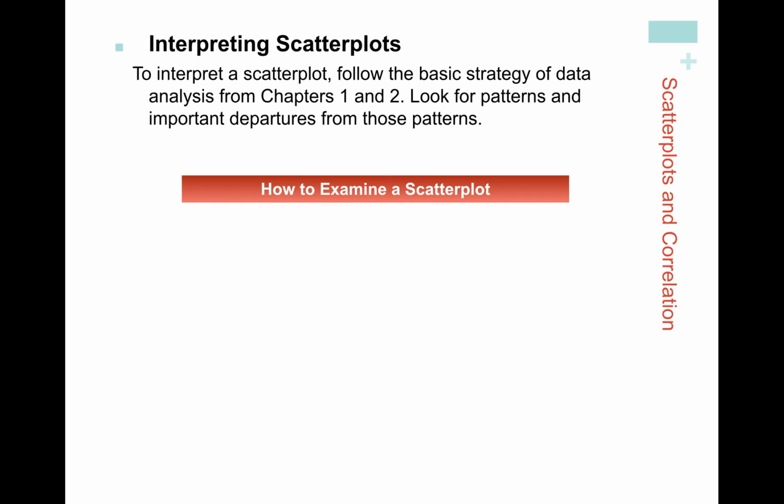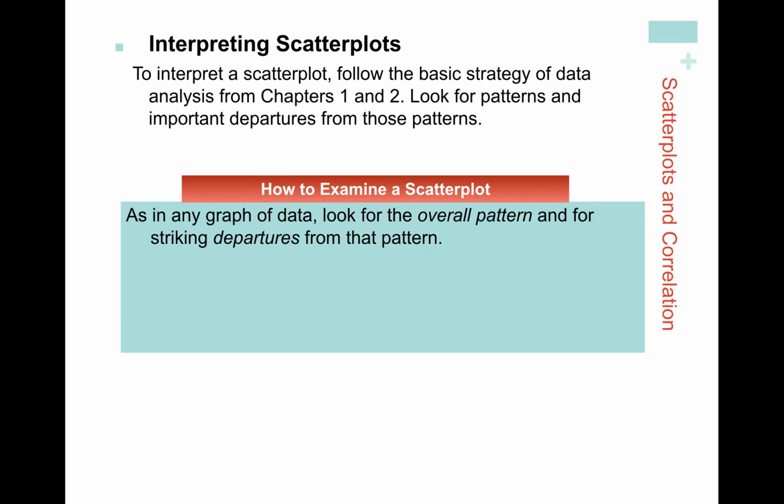Here are the steps to examine a scatter plot: direction, form, strength, and outliers. Just like in the past with univariate data, when we were describing a distribution, we talked about shape, center, spread, and outliers. Now with bivariate data, we're going to talk about direction, form, strength, and outliers.